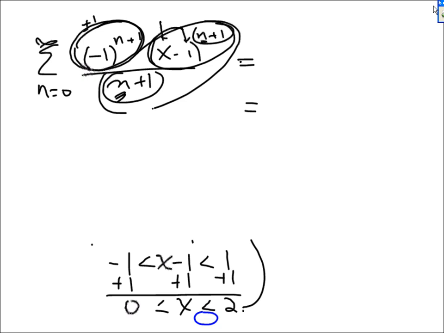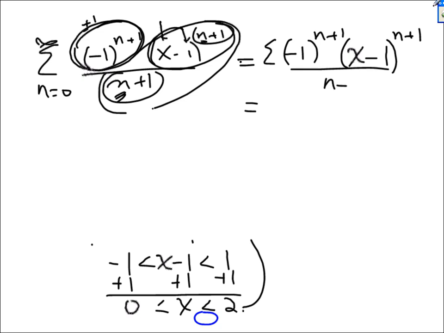So let me rewrite the problem because I wrote on it a lot. 2 minus 1 is 1. 1 to any power is 1. This mess, when x is 2, is 1. And this times 1 is just that.